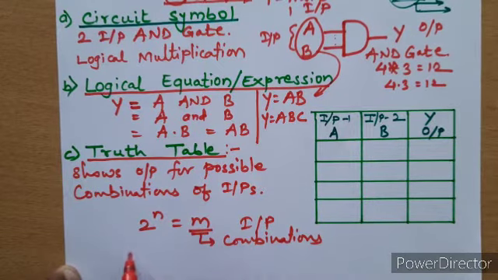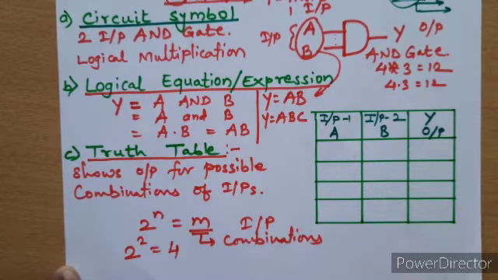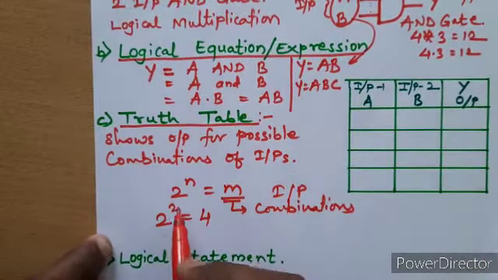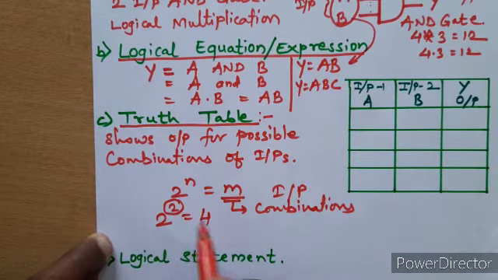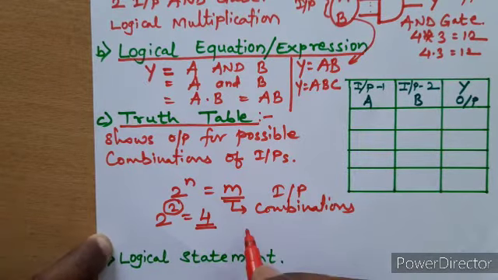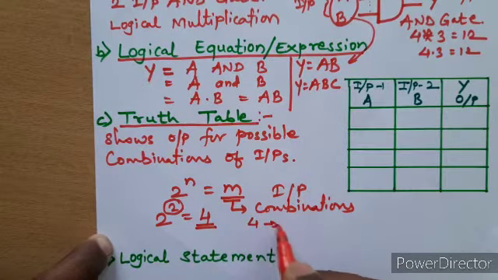We have 2 inputs, so 2 raised to 2 is 4, right? How many inputs are we considering? 2 inputs. So for 2 inputs, how many input combinations should we have? 4 input combinations. And 4 means it starts from 0 to 3.